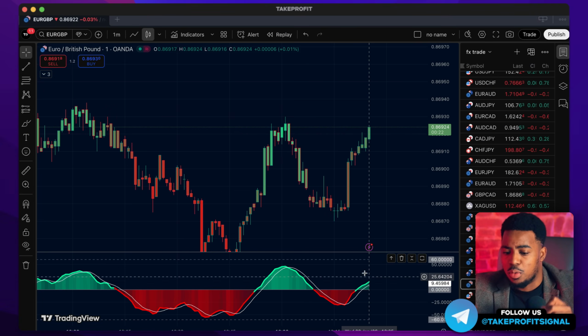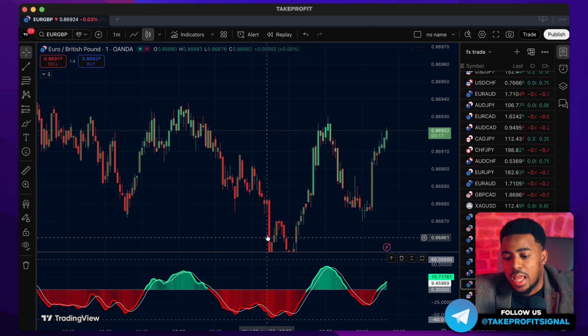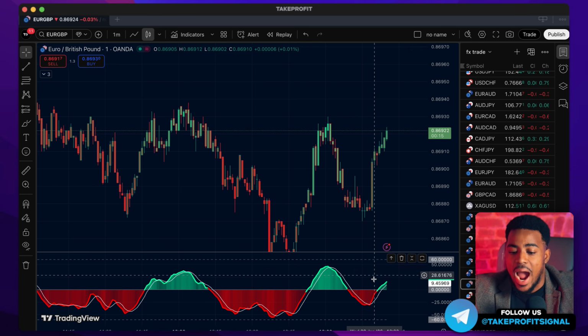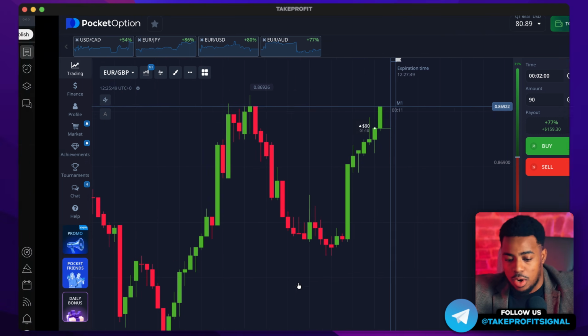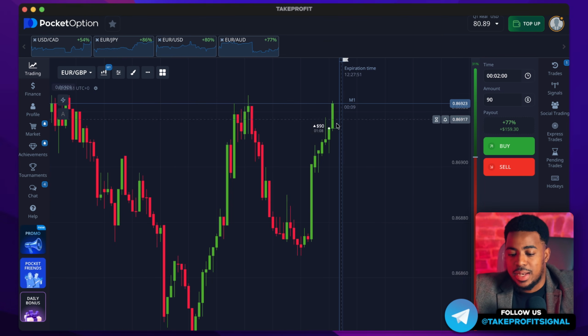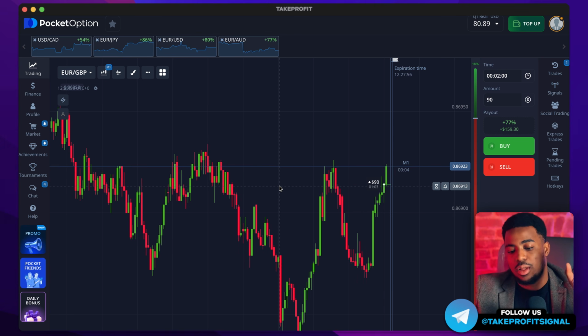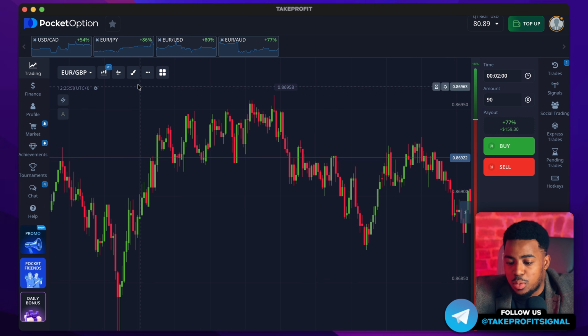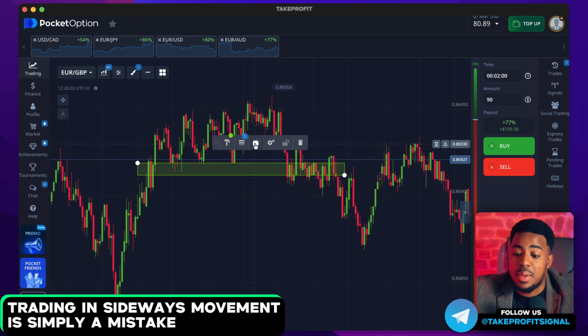How do we preemptively filter out unsuccessful signals and only trade those with the highest chance of success? Now I will tell you how. As I mentioned earlier, this indicator merely confirms the presence of an upward or downward trend. Therefore, trading in areas where we have sideways movement, like in this situation, is simply a mistake.